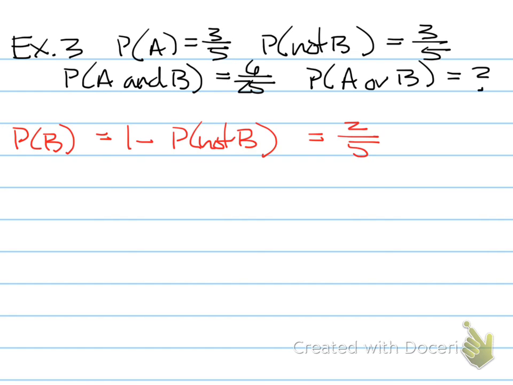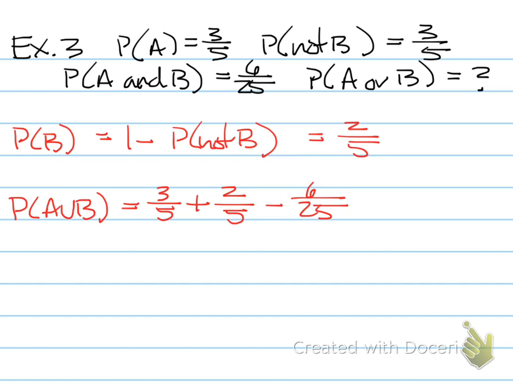Again, the probability of A is 3/5. Probability of B is 2/5. When I multiply 3/5 times 2/5, I get 6/25, which equals the probability of A and B. A and B is 6/25. All right, so I know that those two events are independent of each other.